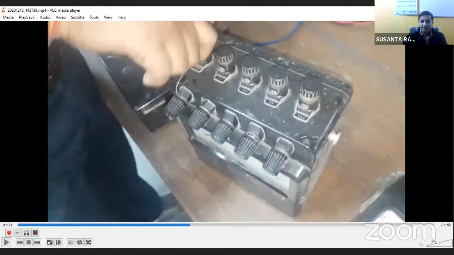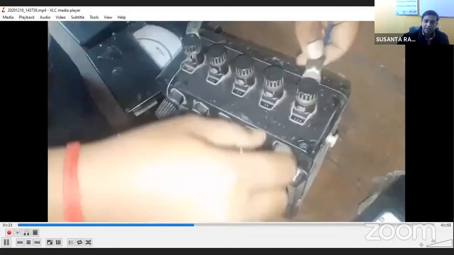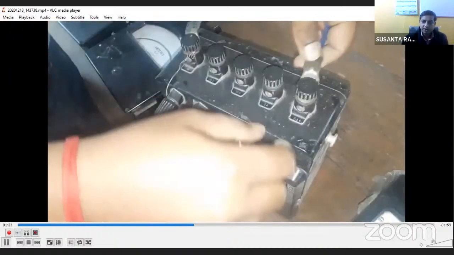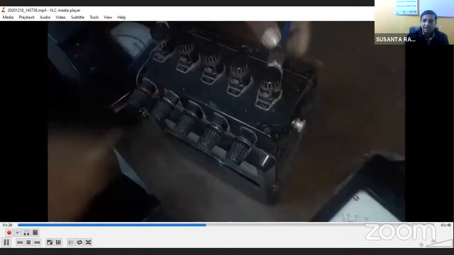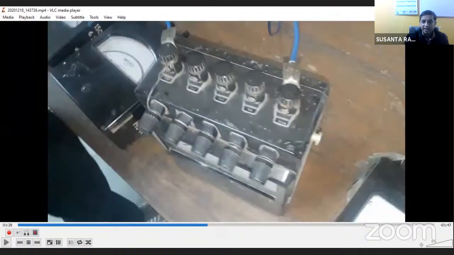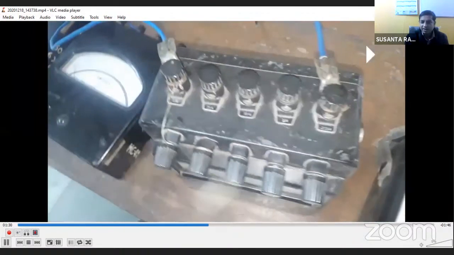Therefore this wattmeter is a very specialized wattmeter which is used for the open circuit and short circuit test only. And these are very rare wattmeters. Nowadays this type of wattmeter, having multiple current coils and multiple pressure coils, is very rare in the market. So initially we are connecting, you see the rating.